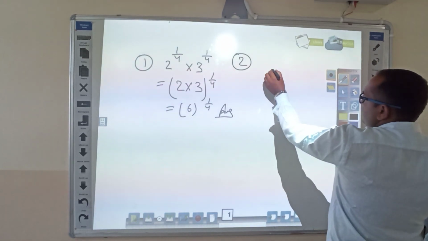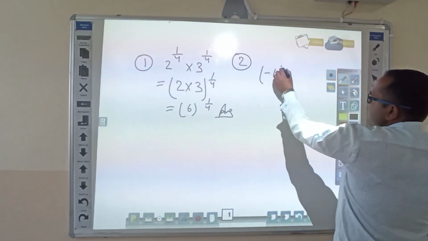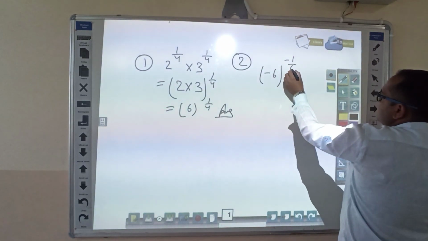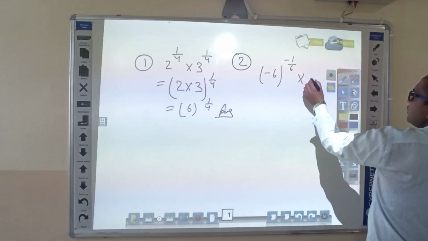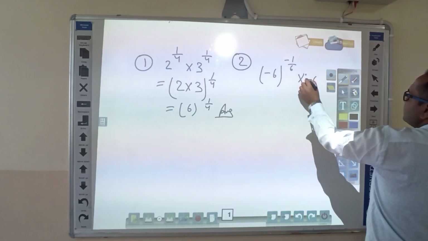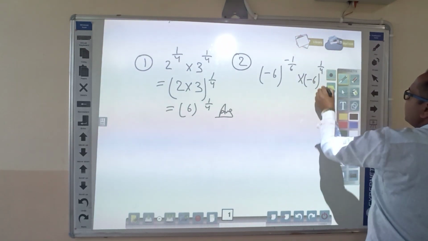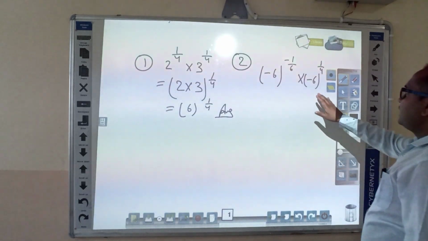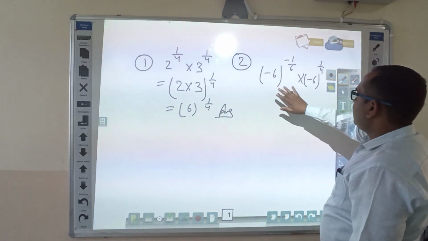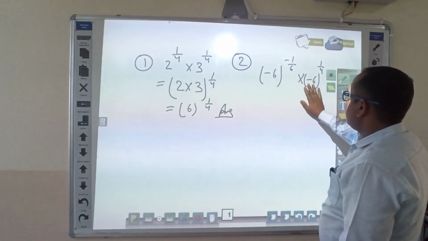Second is when (-6)^(-1/6) × (-6)^(1/4) is given. This is the question. Here also the laws of exponent follow.